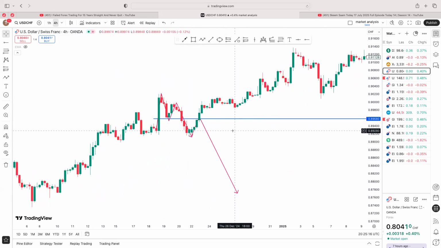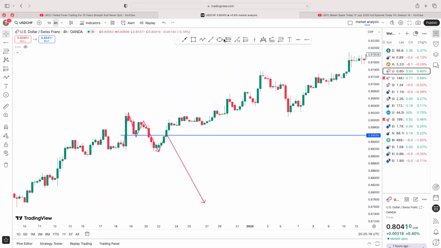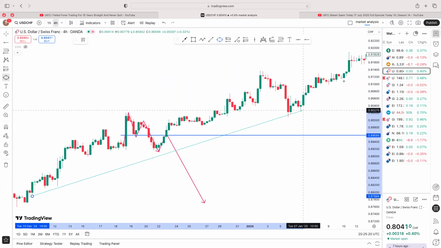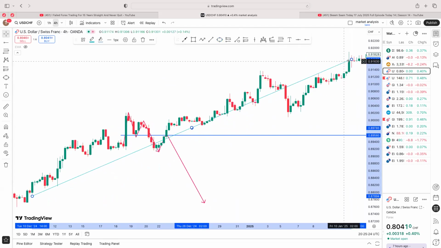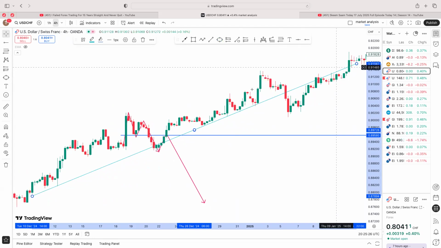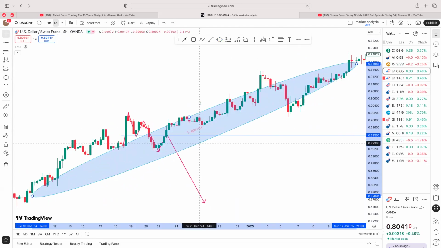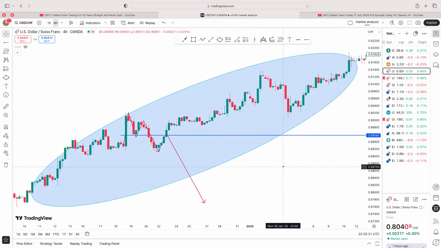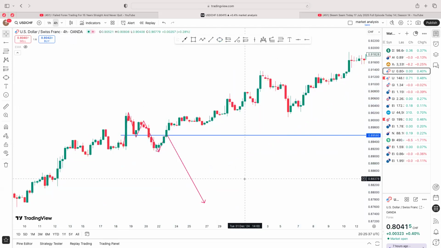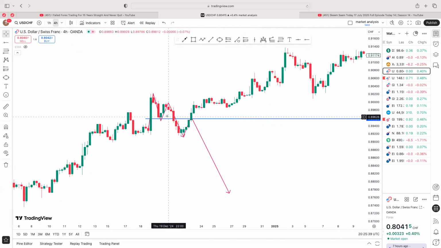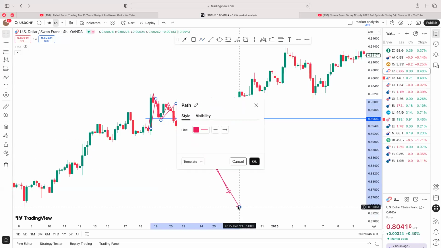This is forming against the trend. This is an uptrend entirely. So when it's formed like this, it simply means that we have to change character. There's a change of character in the market that needs to take place.